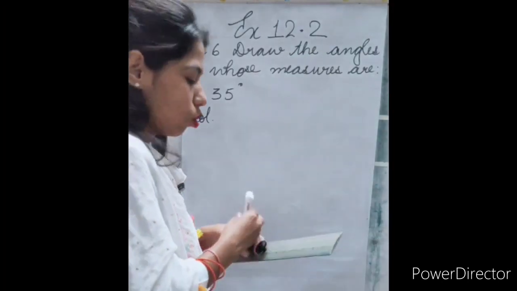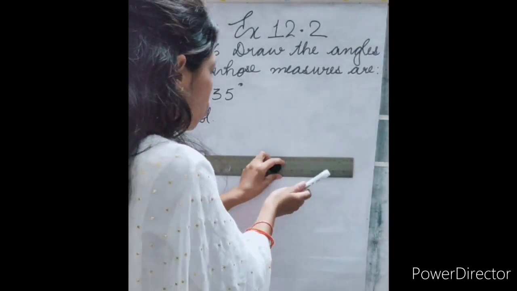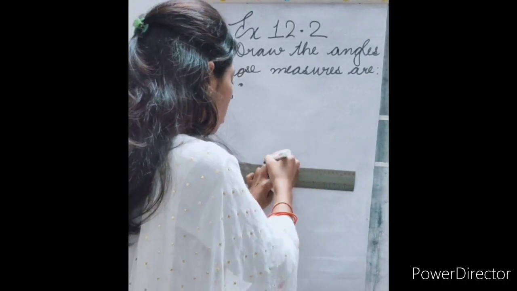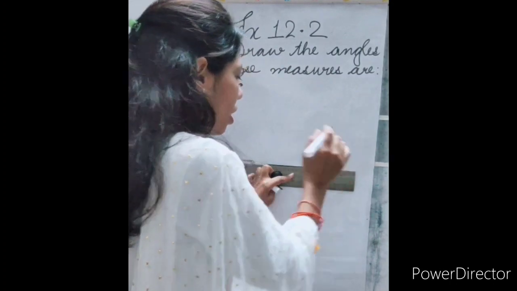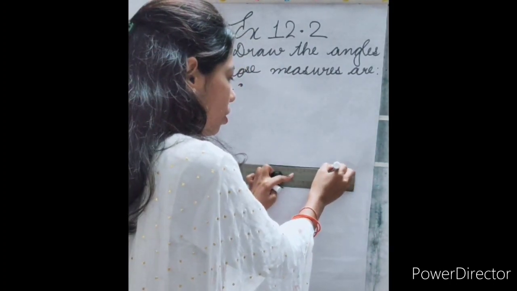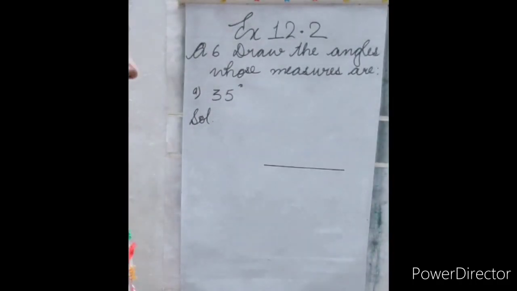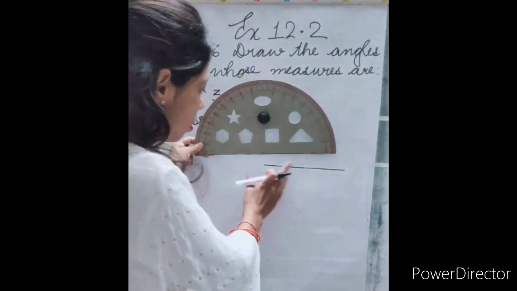So let's study how to draw an angle. For drawing an angle, what you will need, first you have to make a straight line. That will be the one arm of your angle. After that, take help of your protractor.